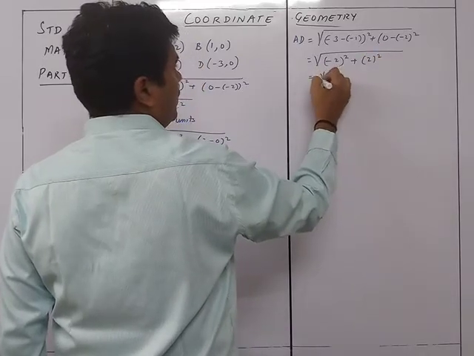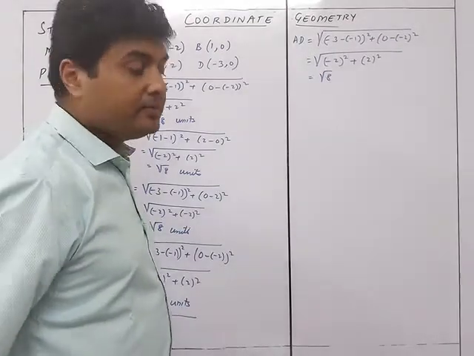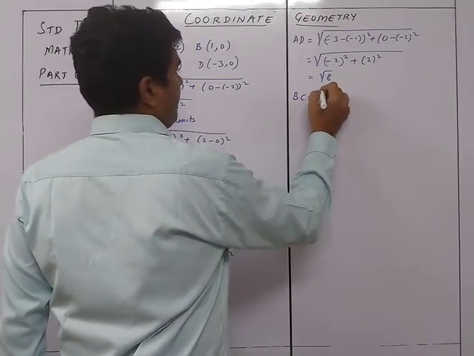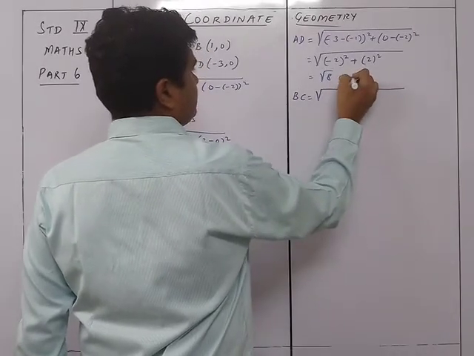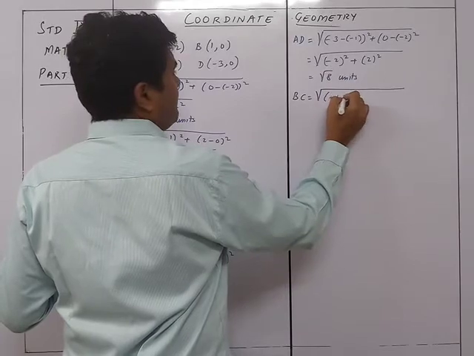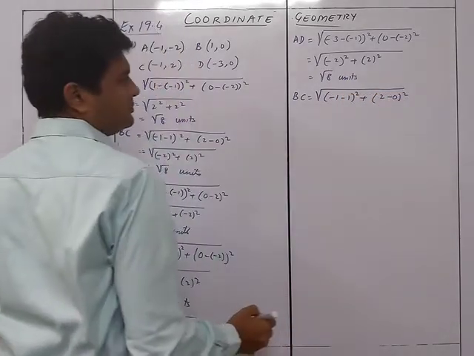That will be root of 8. Okay, definitely a rhombus here. Next is BC. BC is (-1) the whole square plus (2 minus 0) the whole square.